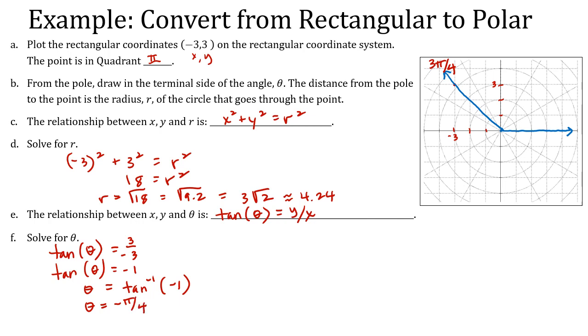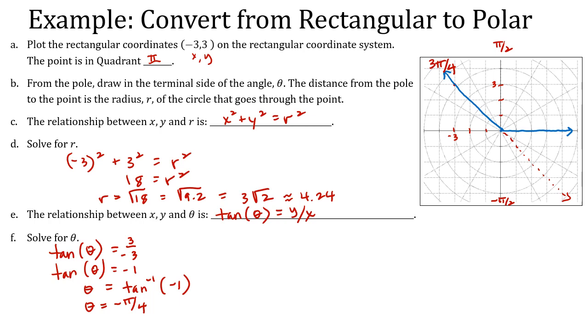And that's because of the way the calculator is set up to only give you a response from pi over 2 to -pi over 2. So the calculator is giving this response in the fourth quadrant. If you just blindly use that, you don't think about where the angle actually ends up, you're going to get a lot of wrong answers.